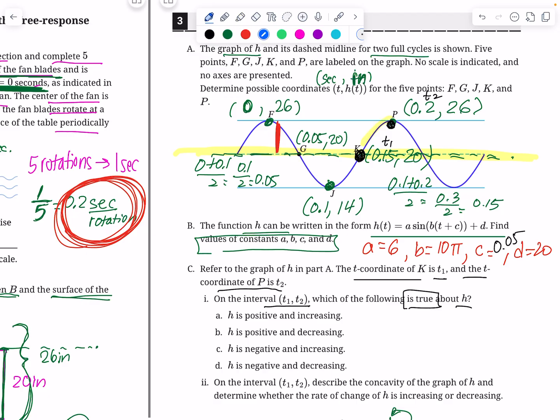So already we can eliminate anything with negative. And now, what else is happening? Well, it went from 0.15 to 0.2. But to be more specific, it is increasing.